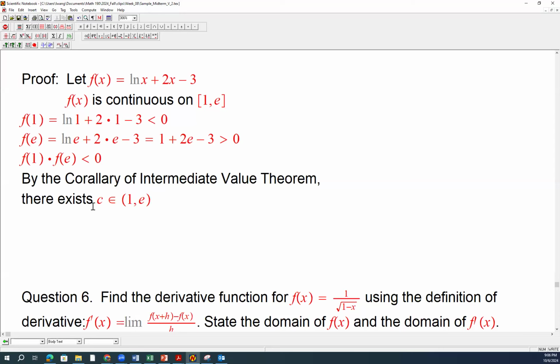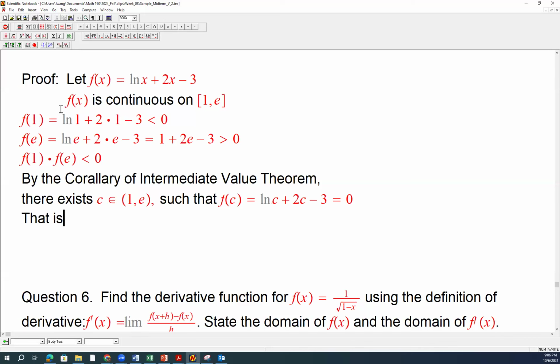There exists such a C such that f of C equals 0. F of C, so we have demonstrated the theorem guarantees that this equals 0. Such C exists.